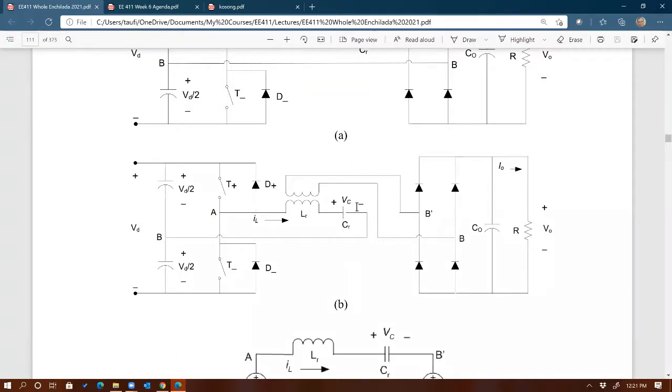This is the isolated version of the topology. It's like this one right there. So that's what they used. That's what we used for that power supply, the power supply that goes into CT scanners in hospitals.